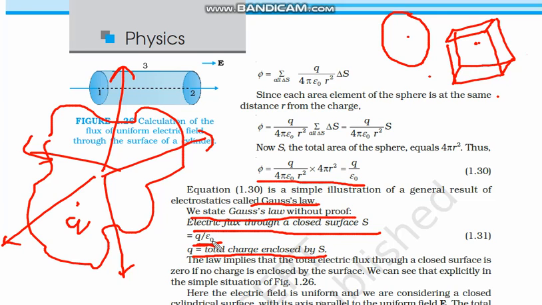That is Gauss law. It does not depend on the shape of the surface. See here, the surface area S is gone. It is simply q upon epsilon naught. So the flux will always be the charge enclosed by the surface divided by the permittivity of free space. Phi is always equal to q upon epsilon naught.